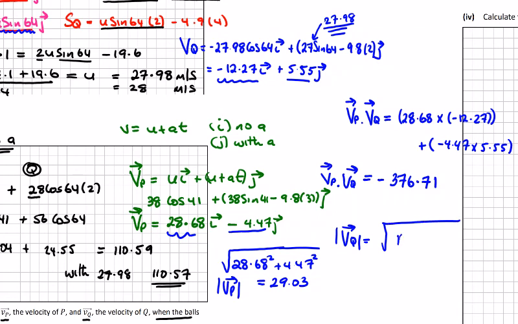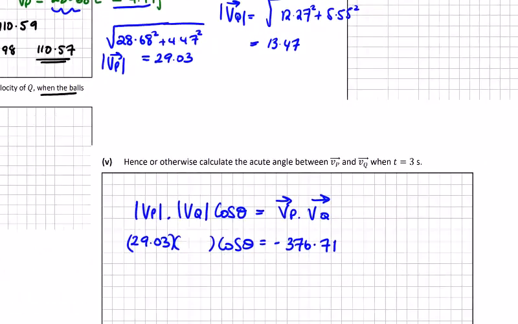The magnitude of the velocity of q is the square root of 12.27 squared plus 5.55 squared, which is going to give 13.47 for me.